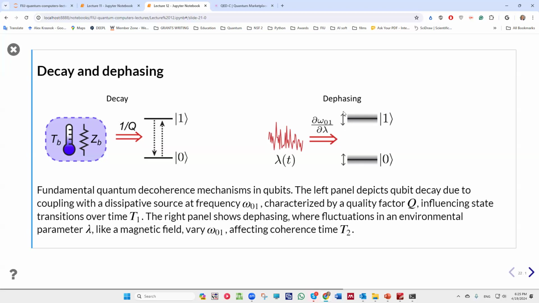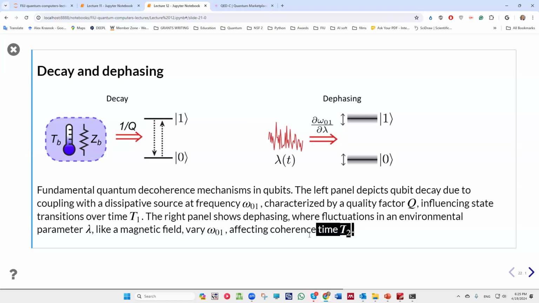This spread leads to dephasing because different excitations will acquire different phases, and the phase will be destroyed. This is a very harmful effect for quantum because dephasing leads to loss of the quantum state, of the quantum superposition and so on.